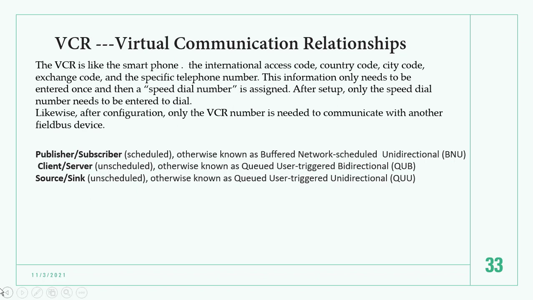Okay. Next, after configuration, only the VCR number is needed to communicate with another Fieldbus device. VCR includes three kinds: publisher-subscriber, client-server, and source synchronization. Publisher-subscriber is scheduled. Client-server is unscheduled.